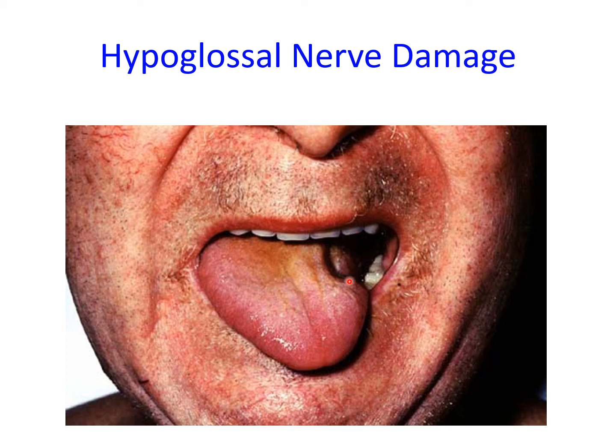This image shows atrophy of the tongue on the left side, and this is related to damage to the hypoglossal nerve.